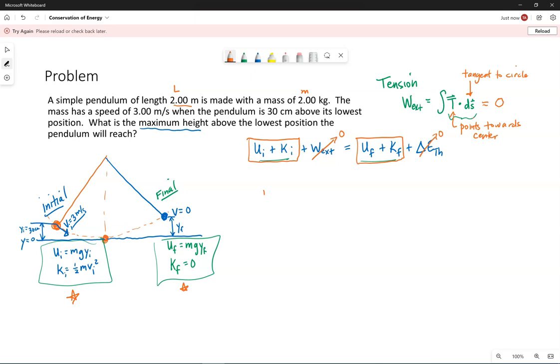We already described that the initial potential energy was mgy, the initial kinetic energy 1/2 mv squared. These together represent the total energy of this system. Well, that total energy still has to be there finally. We know there is no kinetic energy at this final moment we've chosen.